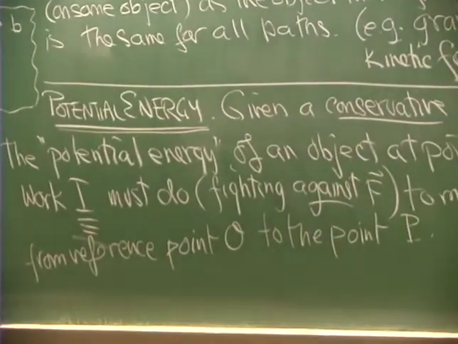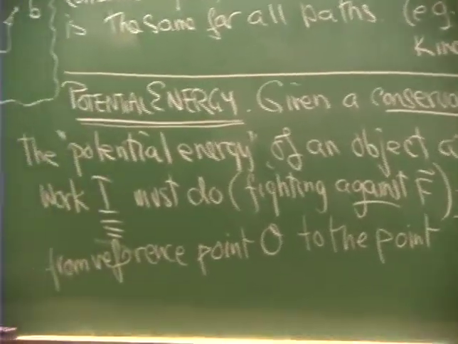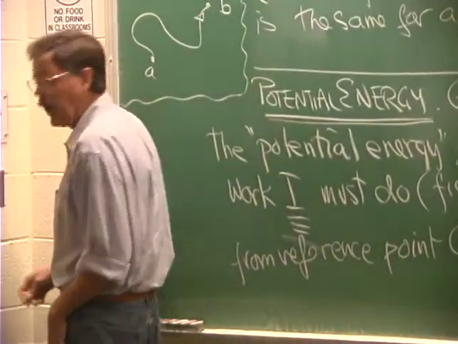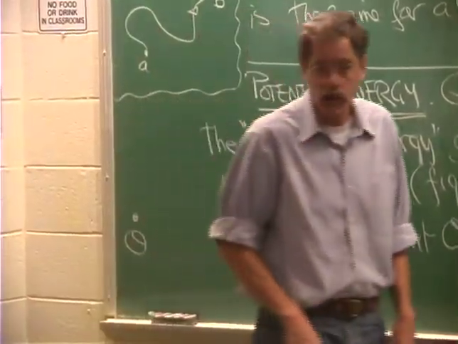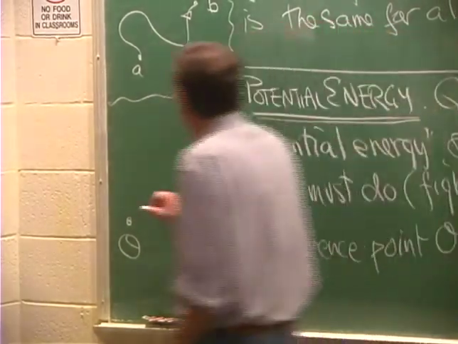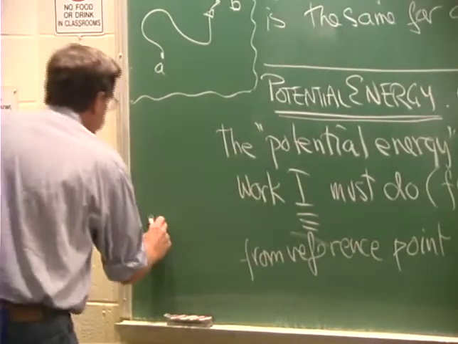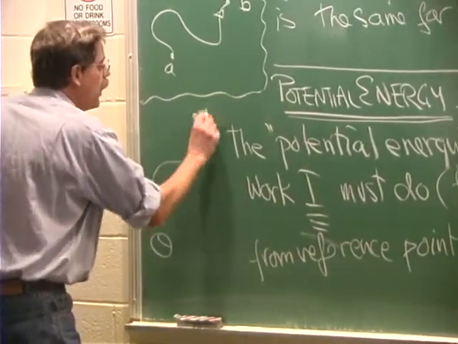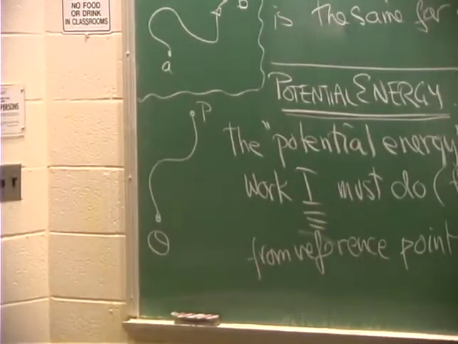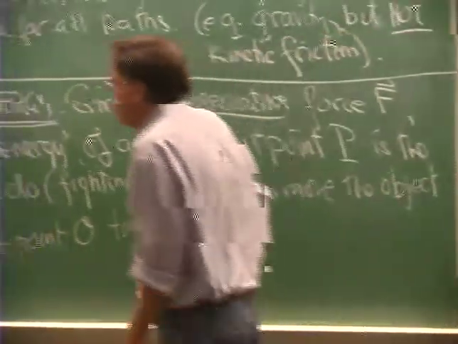What does this mean? Here's some reference point O, just something that you and I have agreed on beforehand. For today, that corner of the room is our reference point for all potential energy. The potential energy at some other point, at this point here, is the amount of work it would take to move the object in question, this block of wood, from that reference point up to the point P in question.